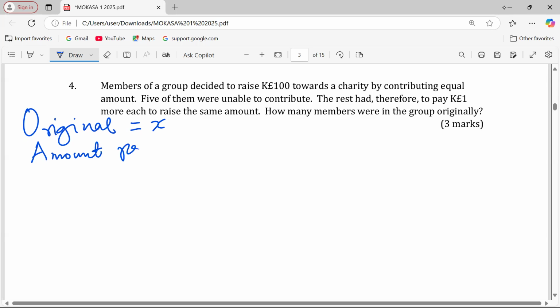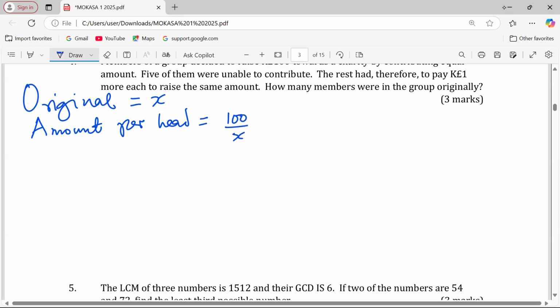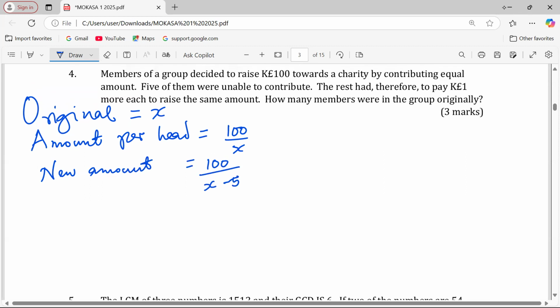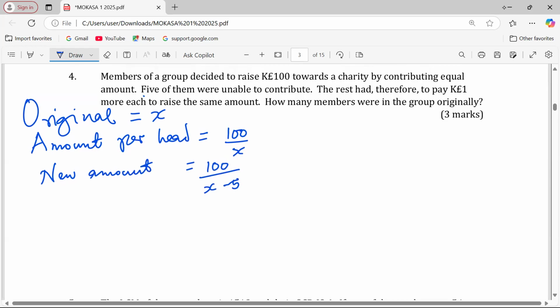amount per head or per person to give is going to be what they share when they are X. New amount per head becomes: they have to raise the same amount, but how many are they now? X minus 5. Some people have disappeared from this charitable organization.